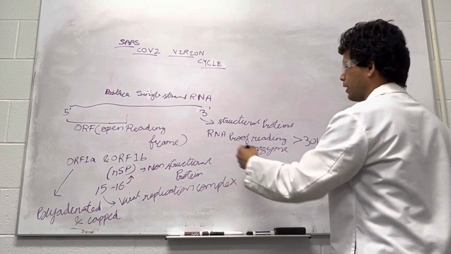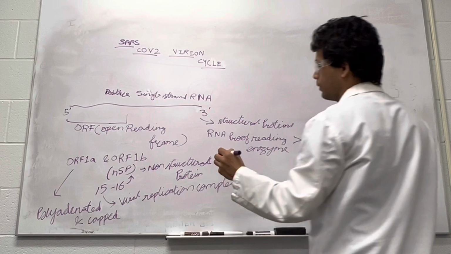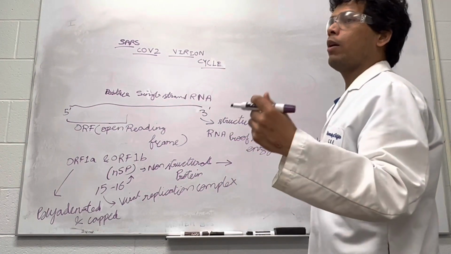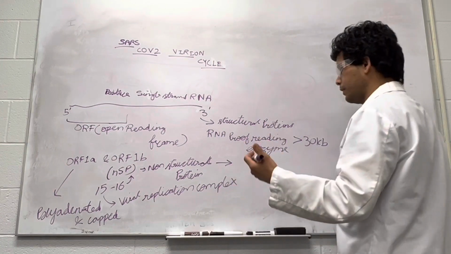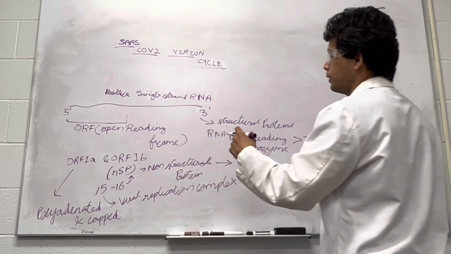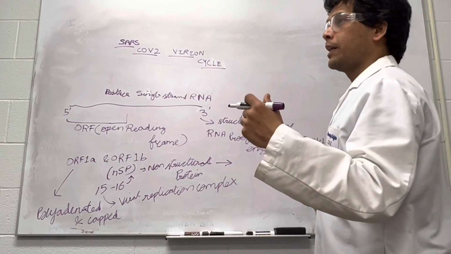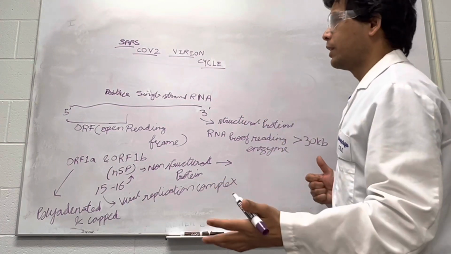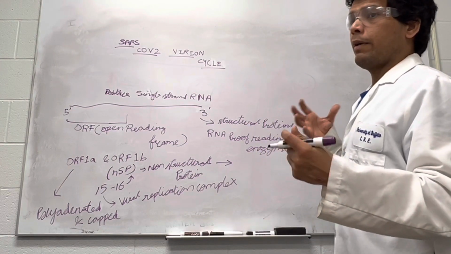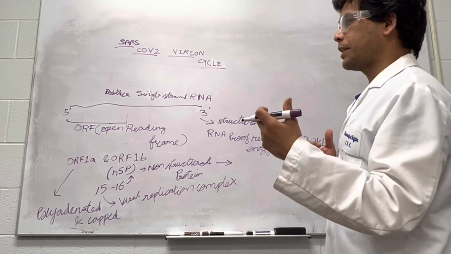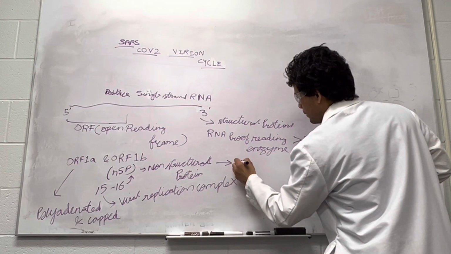Now let's discuss something about non-structural proteins. As soon as they are translated, during co-translation and after translation, they start to form double membrane, convoluted membranes that will protect the virus. It's like an envelope or nucleocapsid.